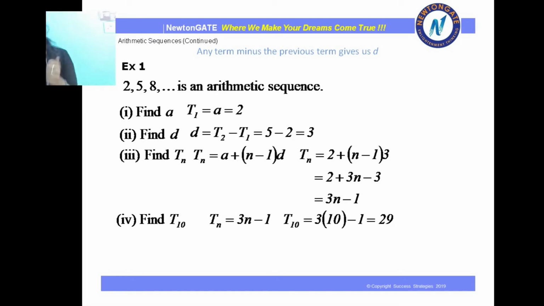This very important trick is that most students make a mistake in their sums or examinations. They always tend to subtract the smaller number from the bigger number. But that is not the concept of arithmetic sequence. The concept is we have to take the later term and subtract the previous term from that.